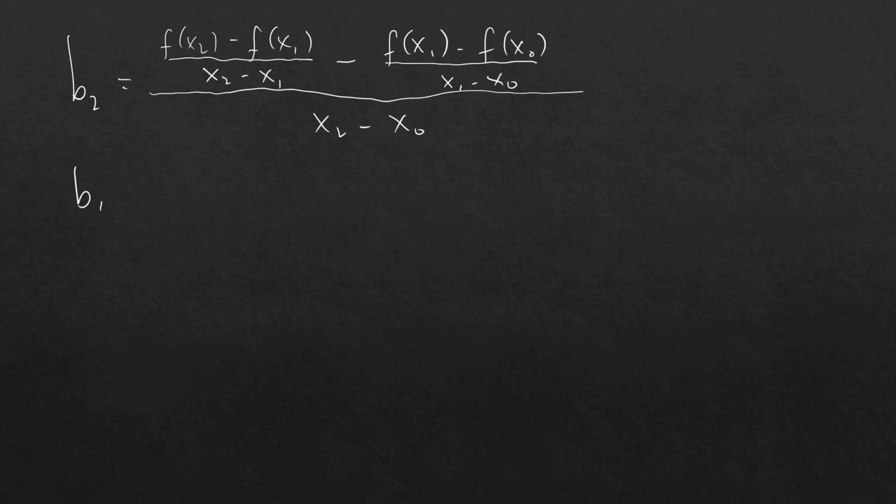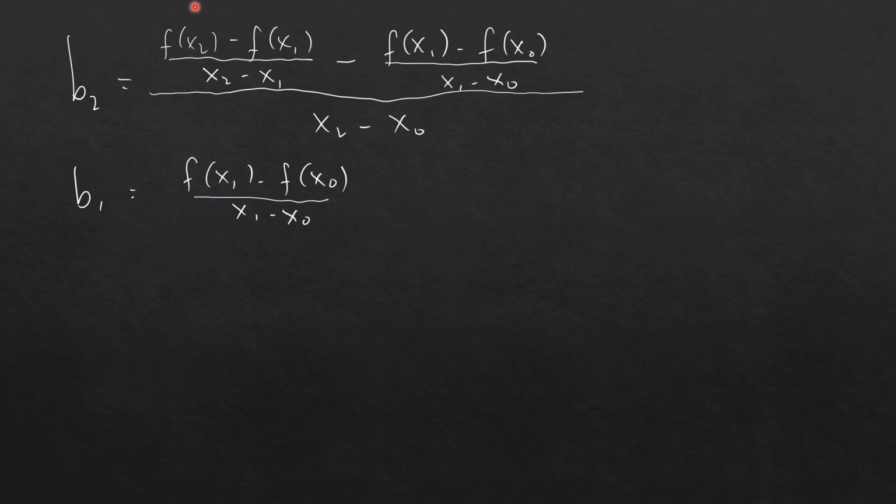We have also written our b sub 1 as f of x1 minus f of x0 over x1 minus x0. b1 represents the slope of the line between x0 and x sub 1.